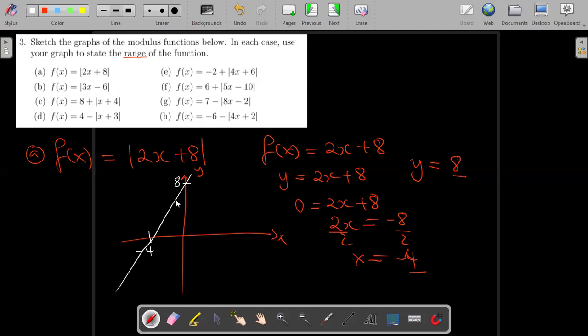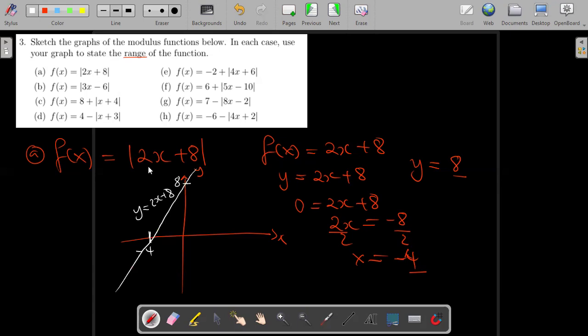This is how it would look if it was just f of x. This is the line y equals 2x plus 8.